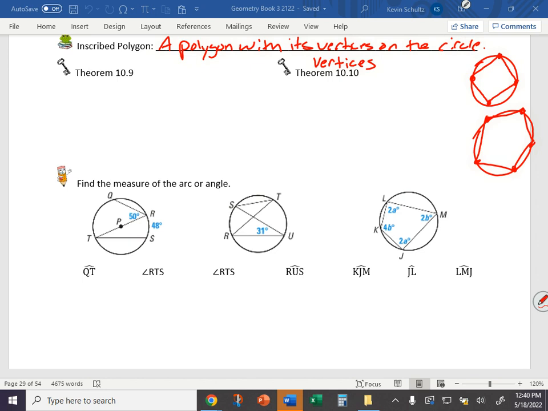Theorem 10.9 has to do with right triangles inscribed in a circle. If you have a right triangle inscribed in a circle, let's do my best to make a right angle here. We'll go like this, across like that, right? How do you know it's a right angle?